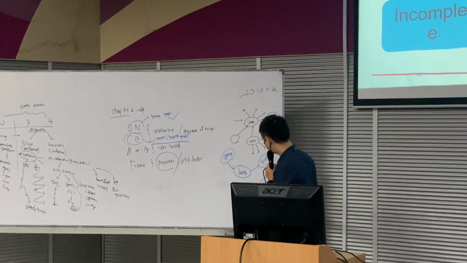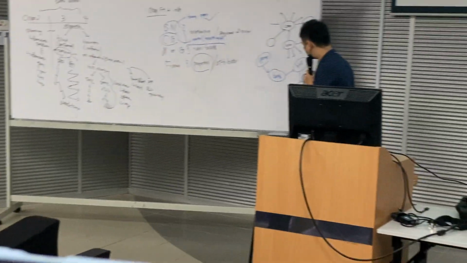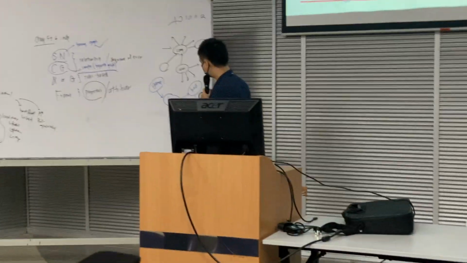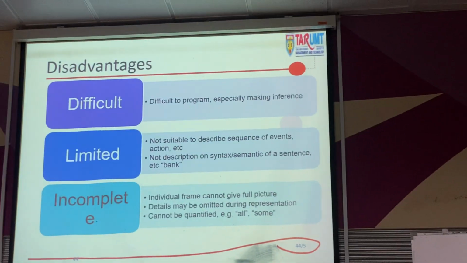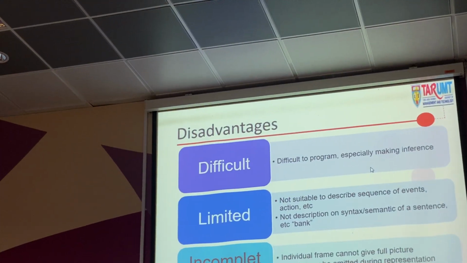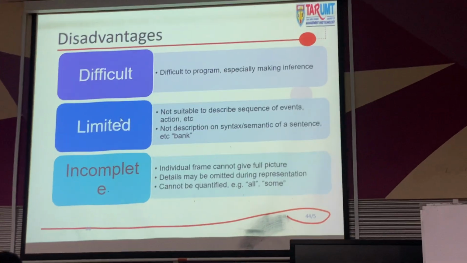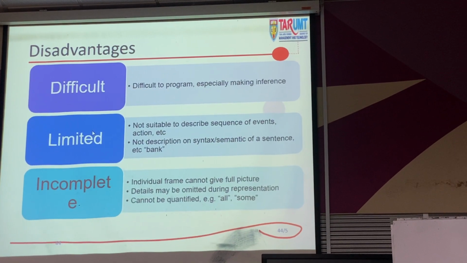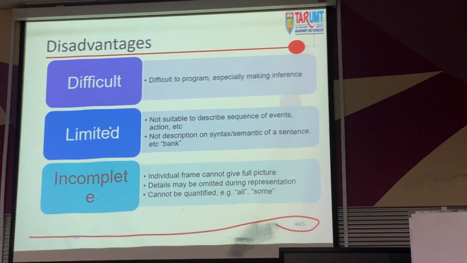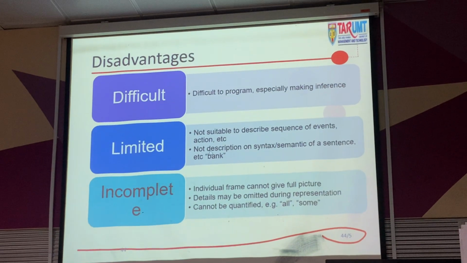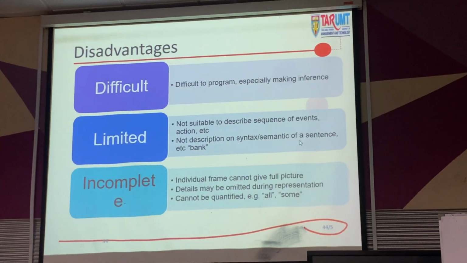What is the reward? Maybe some coins, 1 million coins. So you can show the sequence of events in semantic networks, but it's impossible to represent this knowledge using frames. How can you represent the sequence of events using frames? It's impossible. And also, frames have no description of the syntax and semantics of a sentence.